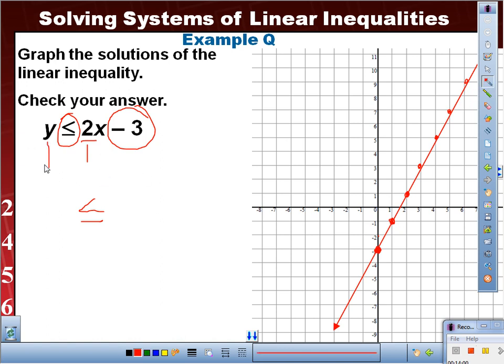I'm going to need this part, and I'm going to need this part. It reads, y is less than or equal to -3. Okay, so let me do this.